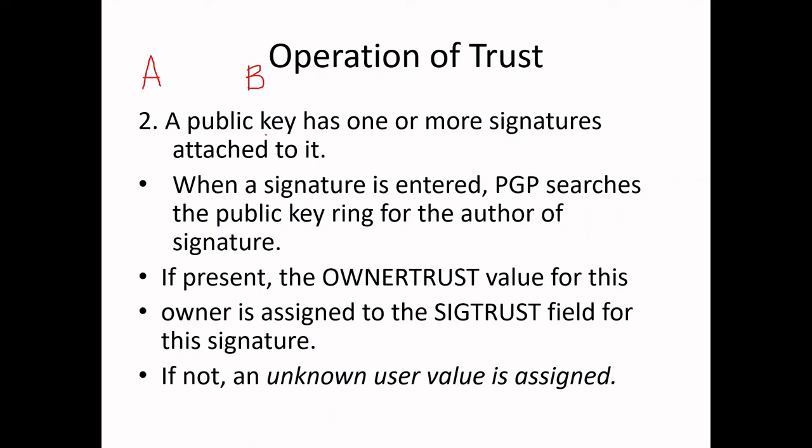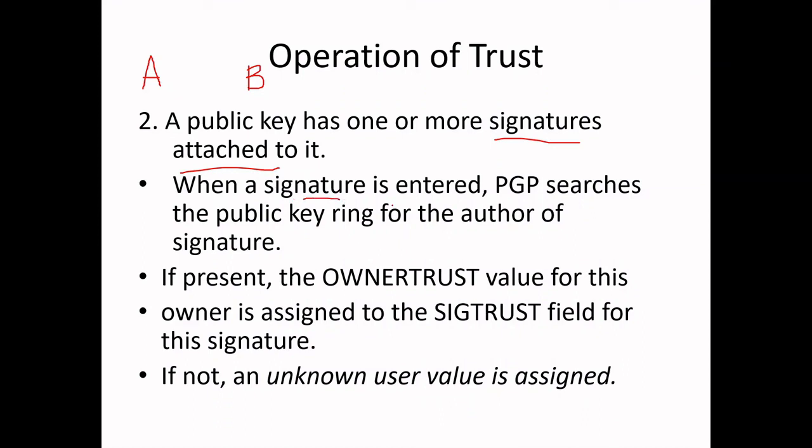So that is why you are associating multiple signatures corresponding to a public key. In A's public key ring, I am entering B's public key value, and multiple people are signing for it also.